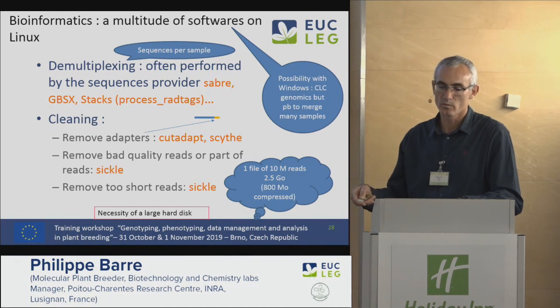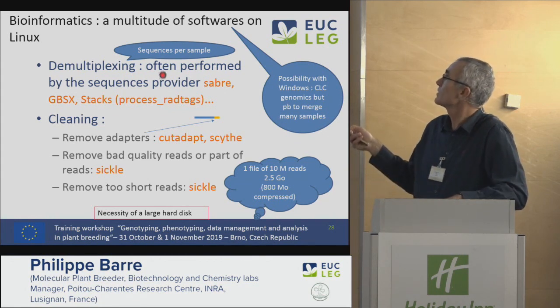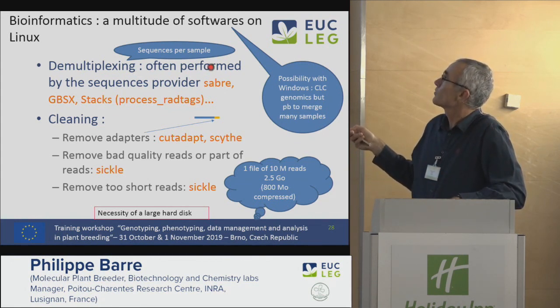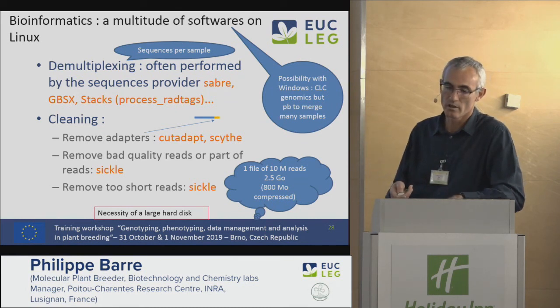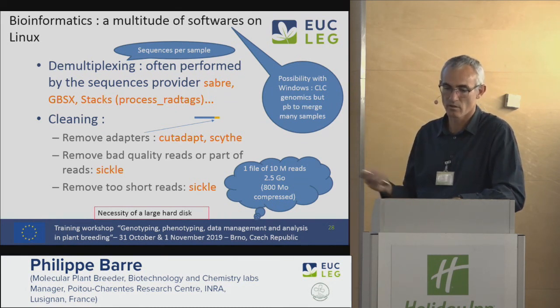So now, what we do is mainly with Linux. For the first step, the demultiplexing, often it's performed by the sequence provider, and you can use different software, Sabre, GBS6, and others.